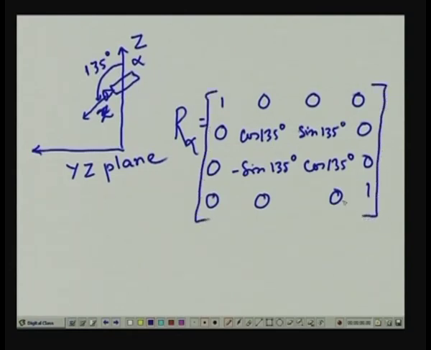So, this is the transformation matrix that has to be applied for the tilt operation.